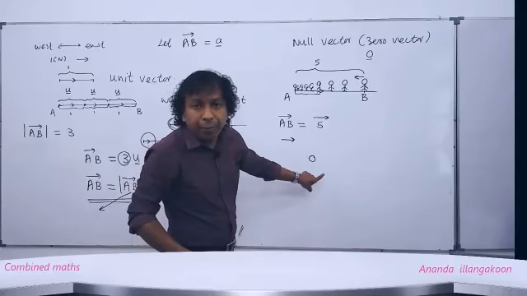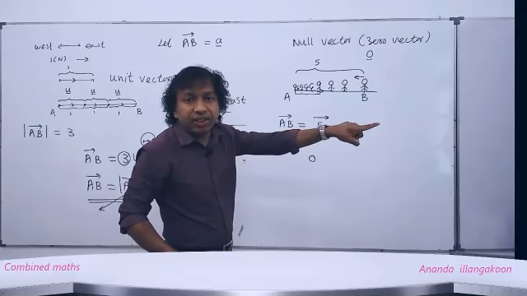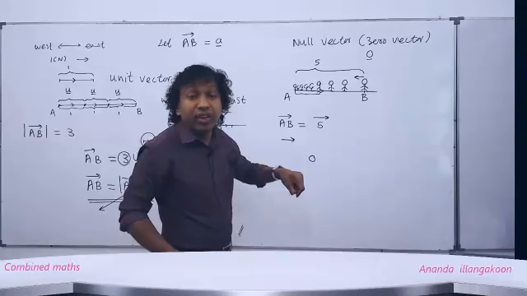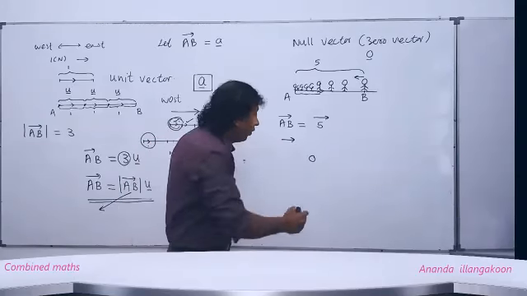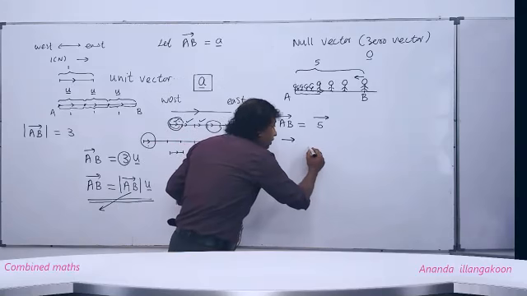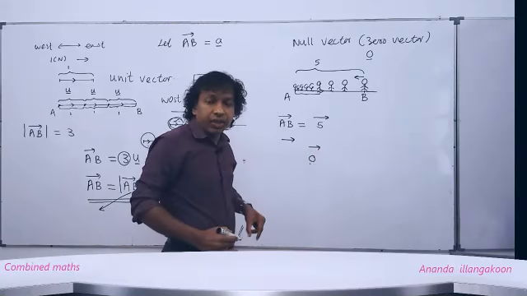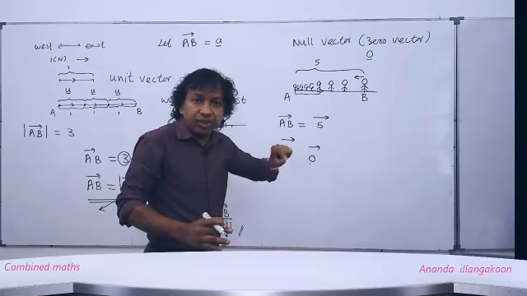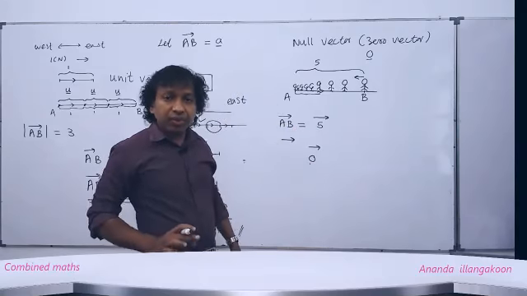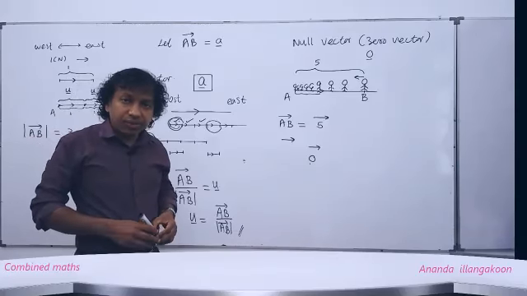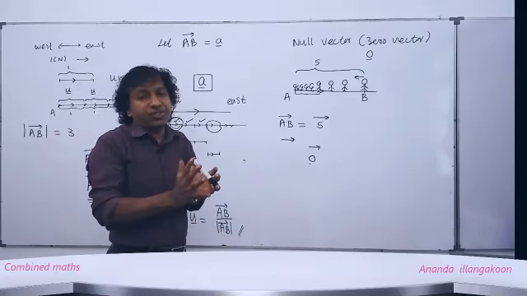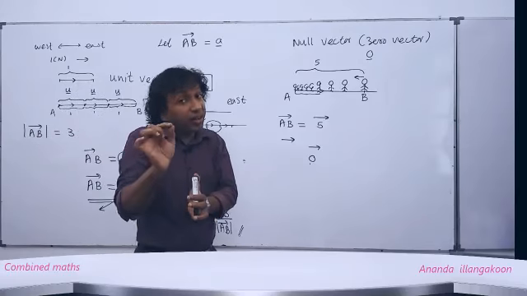The gap is 0, but still the direction is what? Rightward. Why? We have been measuring the direction to the right. So therefore, in this case, size is 0, direction is rightward. Size is 0, direction is rightward. So that is an example, people, of a null vector. Therefore, there are vectors which have size 0 but have a direction.